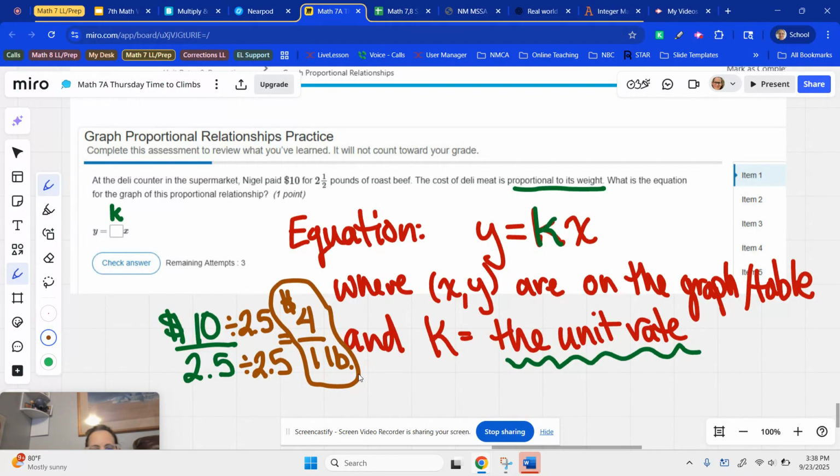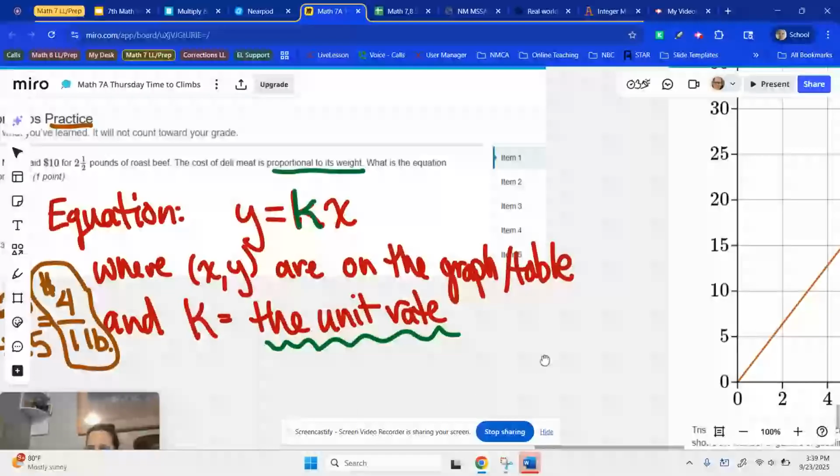That makes sense to me because 4 times 25 would be 100, so 4 times 2.5 would be 10. But my answer here is going to be 4. This is one of your practice questions. Okay. And that's actually a really important idea. y equals kx for any proportion. Let's do another one.